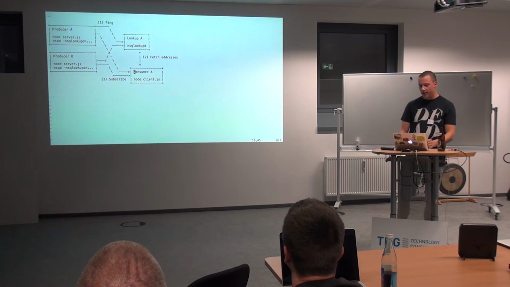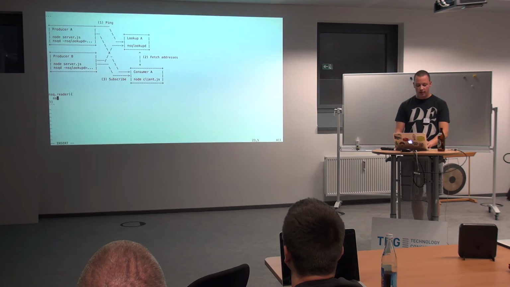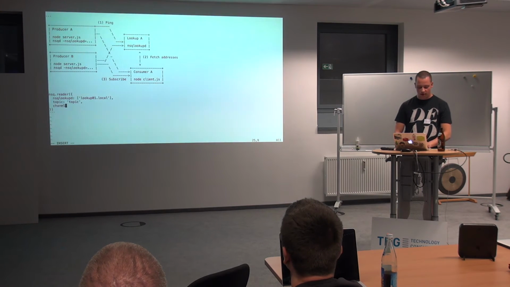So next, when you create a client, you point it to this NSQ lookup D, and when the client creates a reader, you give it the lookup address, like lookup01.local, and you tell it the topic and the channel.